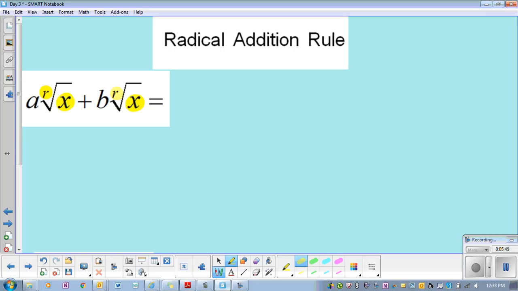So what you're really doing is you're really just adding your A and B together. Okay? You're just adding those outside things together. The other thing was inside, and those other ones should be the same. If they're not the same, then you can't add those together.